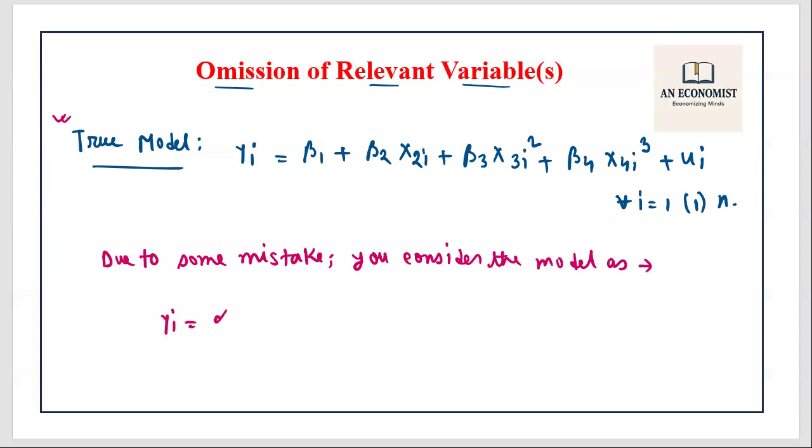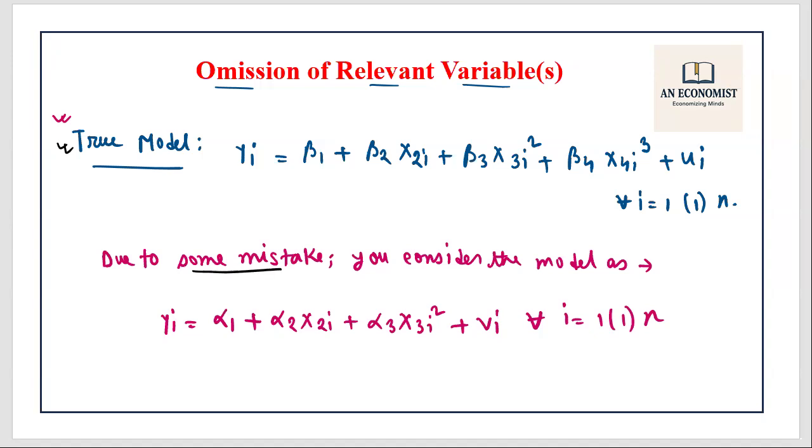Suppose you write yi equals alpha 1 plus alpha 2 x2i plus alpha 3 x3i square plus say vi for all i equals 1 to n. Suppose this is the scenario. The earlier one is the true model that you should use in your research or any purposes. But due to some error, what you have done, you have omitted a relevant variable. Suppose x4 is that relevant variable.